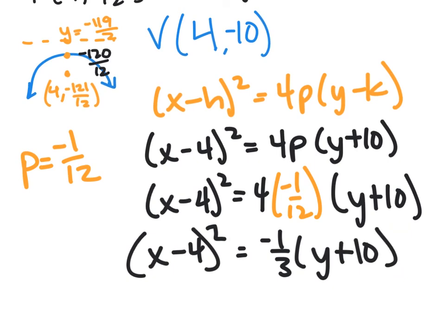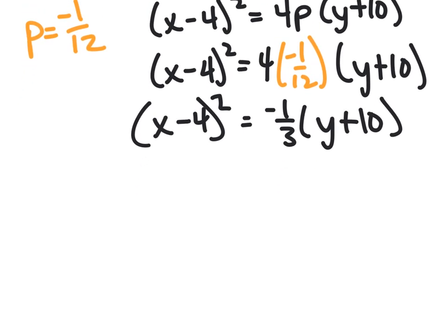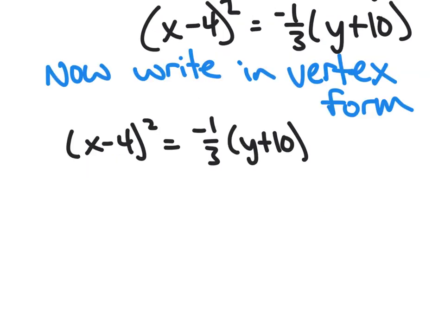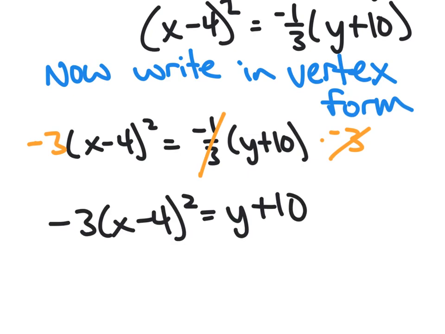And there I have it in transformational form. Now if I want to write this in vertex form, I've got to solve this for y. To do that, I'm going to start by multiplying both sides by -3. That's going to cancel out this -1/3 on this side and leave me with -3(x - 4)² = y + 10.